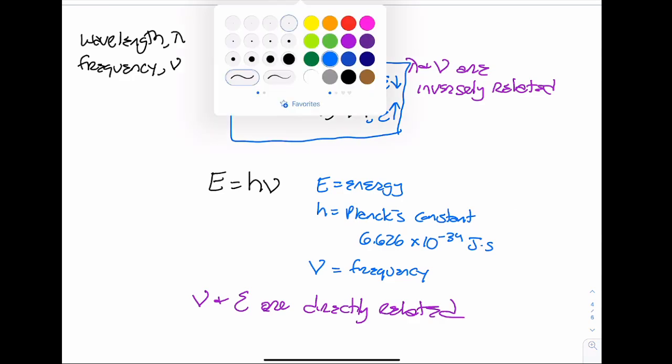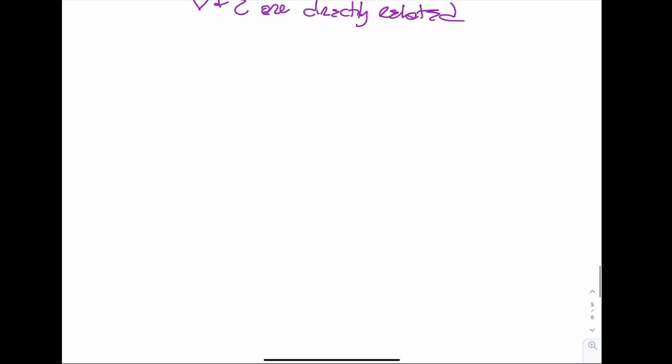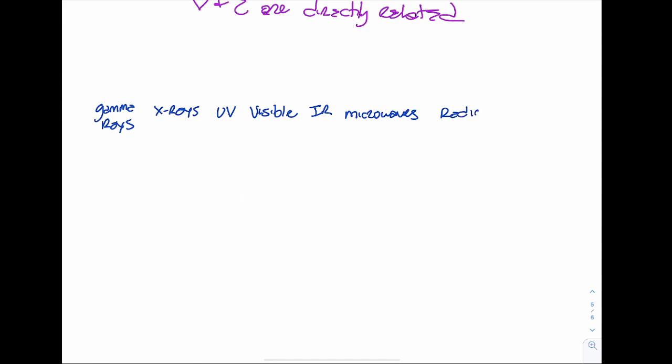We looked at our electromagnetic spectrum also in the last video, and I'm going to copy it down here again. So we had gamma rays. Again, I did want you to know the order of this. X-rays, ultraviolet, so UV, visible, the only form that we can see, infrared, so IR, microwaves, and then radio waves.